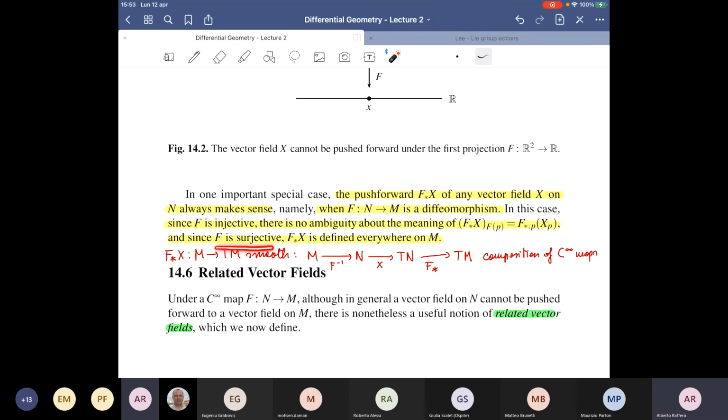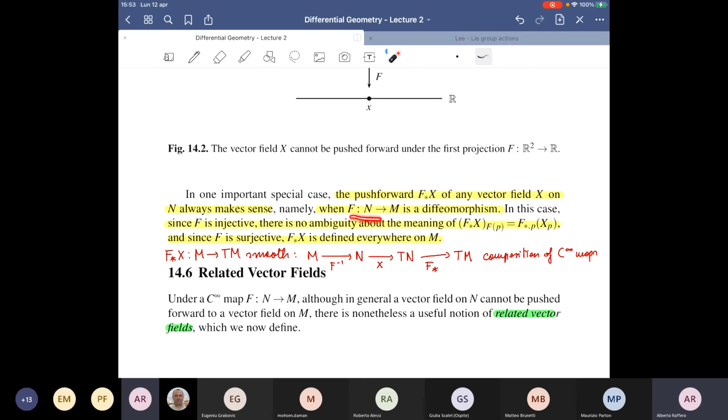And moreover, F is surjective. And so this ensures you that the map you define in this way, so this F star X defined at the point F(p) in this way, is defined on the whole of M, because F is surjective.